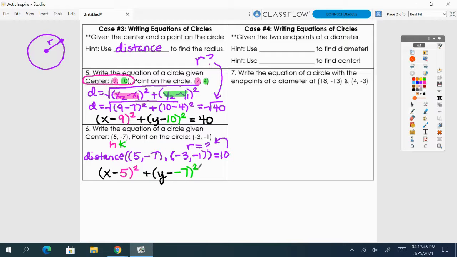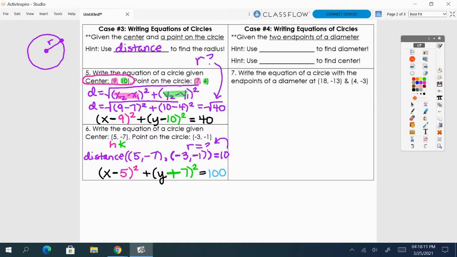Make sure to close parentheses and square it. And all of that will be equal to r squared, which is 10 squared. We go ahead and simplify this up by cleaning it. 2 negatives make a positive, and then 10 squared comes out to be 100. Final answer for you there for that equation of a circle here.